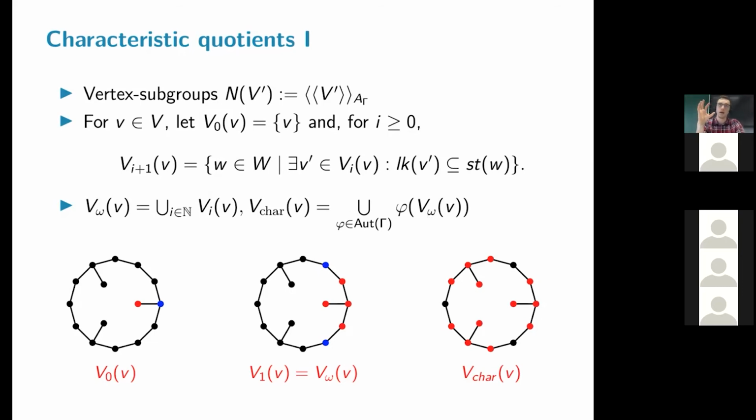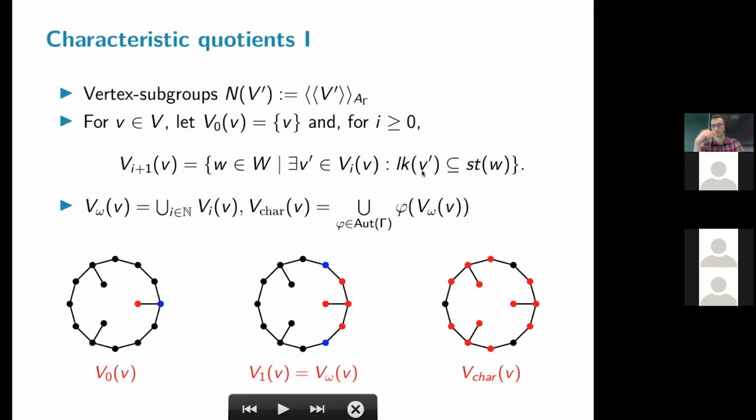Now, it could be that at this point we have to repeat the same operation of adding possible transvections, but this is not the case, because this relation behaves well under applying automorphisms. So this will yield the characteristic closure of v, and as we'll see in a moment, this will indeed yield a characteristic subgroup.